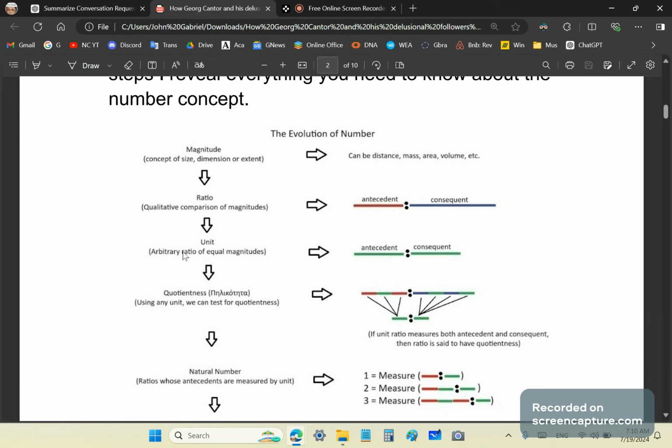So we start off with the magnitude. Now, what is the first thing anyone would do with something like a magnitude? Well, you can't do much with it, can you, unless you compare it to another magnitude. Can you even begin to talk about a certain distance with somebody else unless they can relate it to a distance they know about?